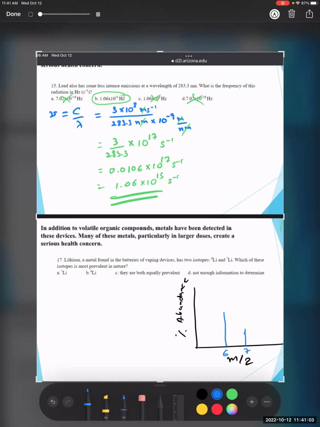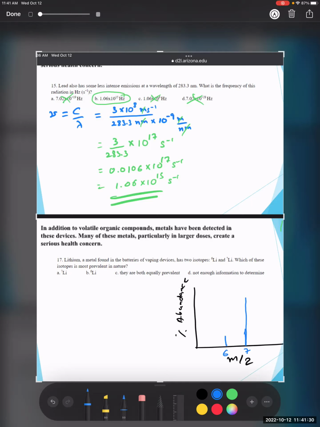So that means the average relative atomic mass of lithium is closer to 7. That tells us that you should have more lithium 7 than lithium 6 isotope.